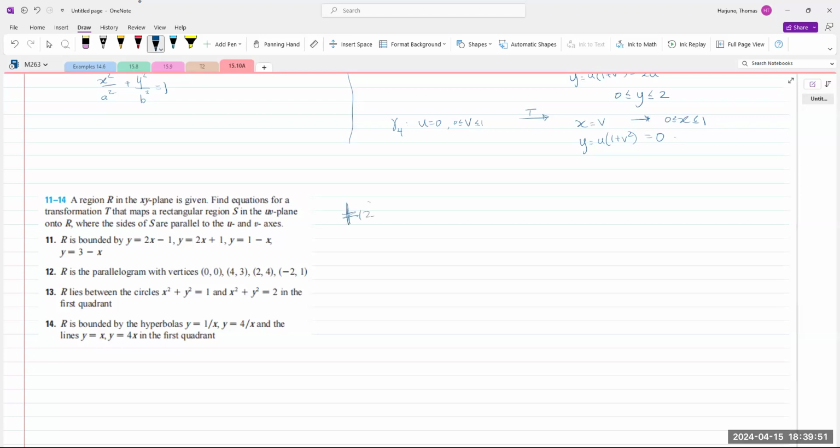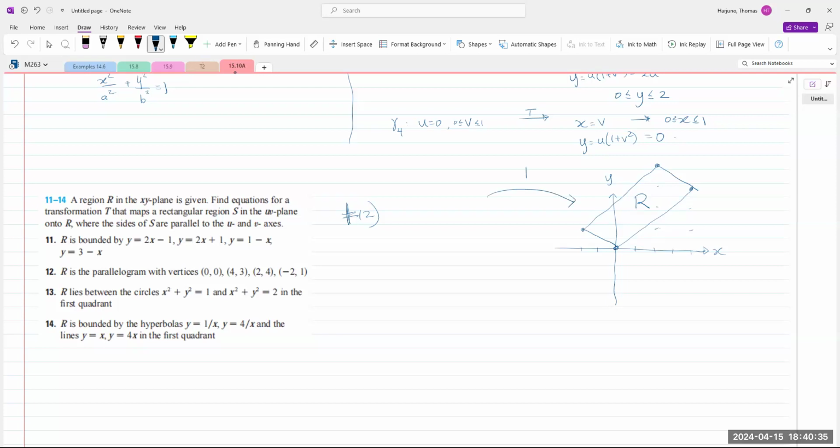What is given to us is the region R on the xy plane with vertices 0, 0, 4, 3, 2, 4, and then negative 2, 1. So we have this parallelogram. Of course, this is ugly, right? This is our R.